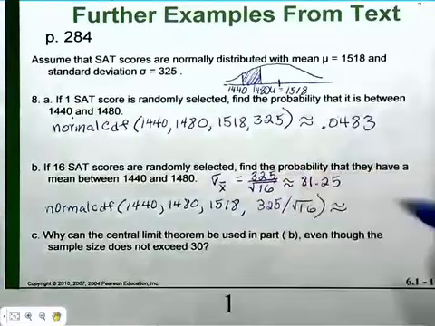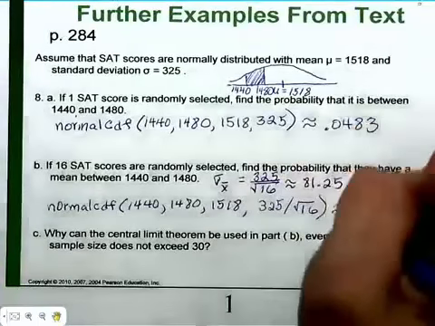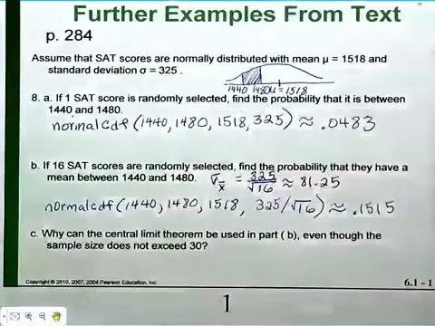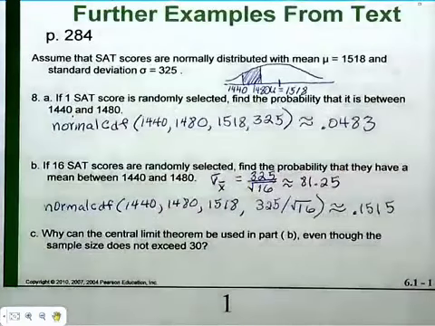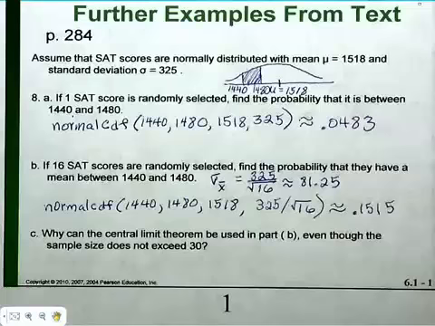I believe it comes out to be 0.1515. So you can either calculate this and then retype it, or you can just let the calculator do the calculation inside the parentheses. It works either way.